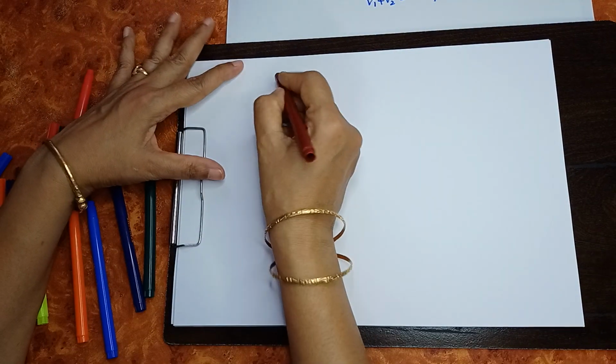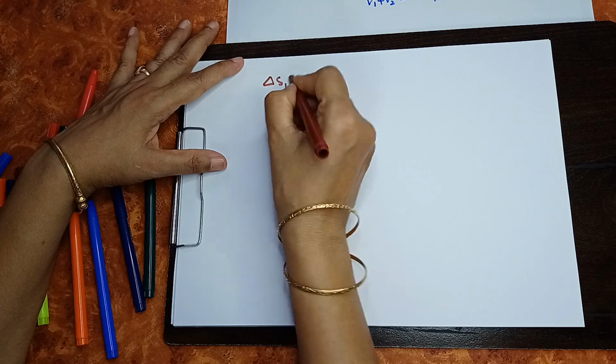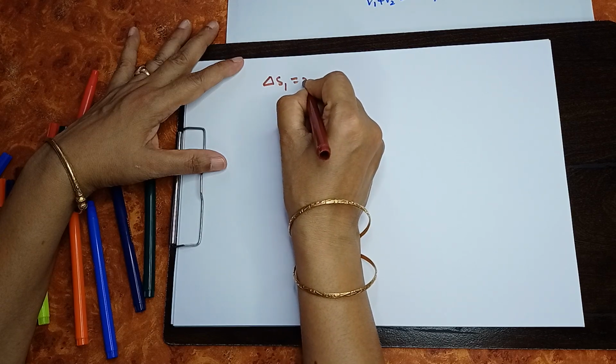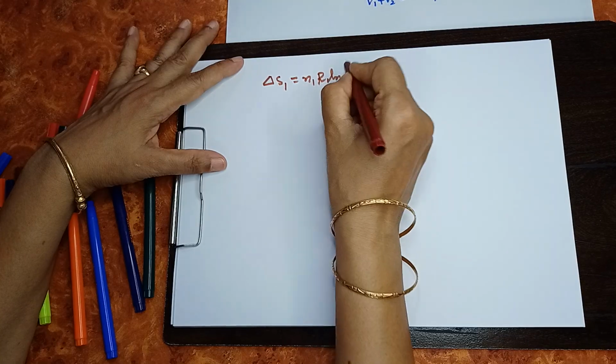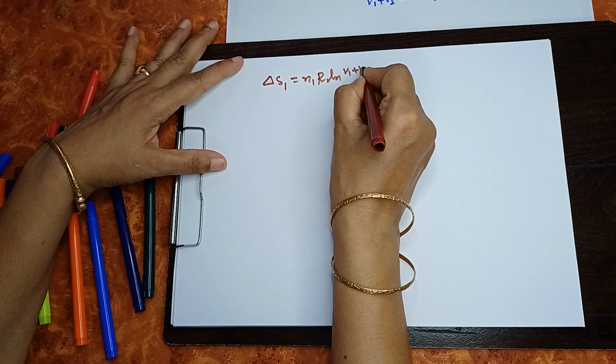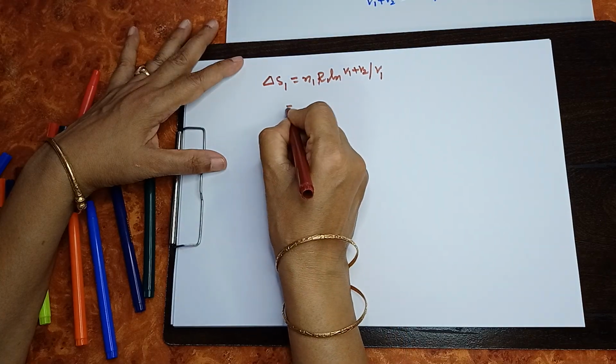Our equation is delta S1 is equal to N1 R ln of V1 plus V2 divided by V1, right?